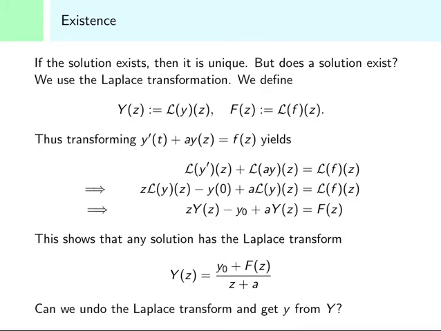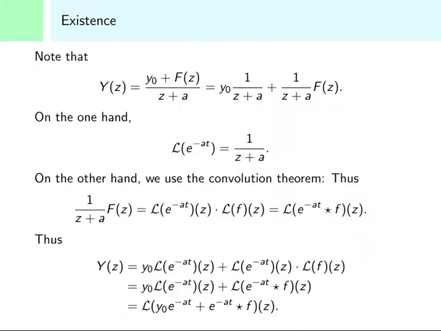Okay, so far we have obtained some knowledge on the Laplace transformation of the solution. Now we will use that knowledge to actually reconstruct the solution from the Laplace transform. In other words, we want to undo the Laplace transform and obtain the original function y from capital Y. For that purpose, we need to take a closer look at the Laplace transformation.